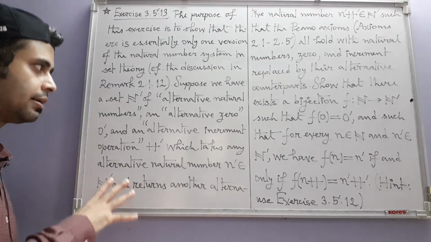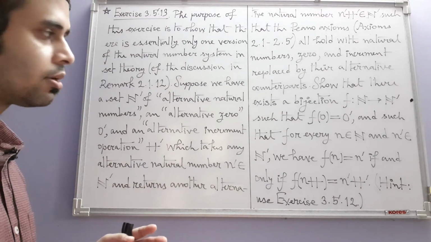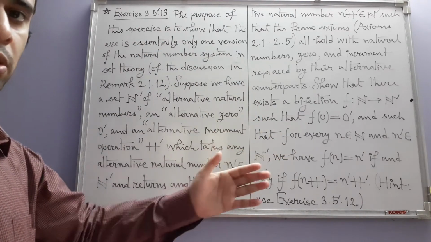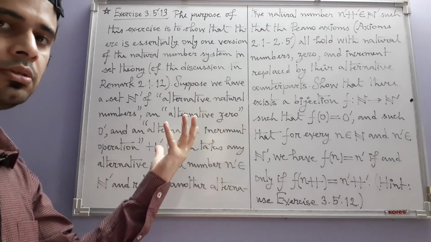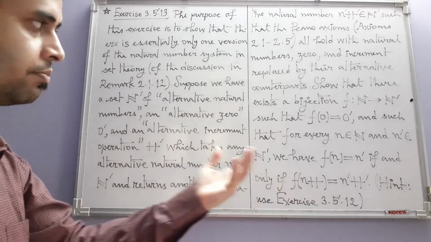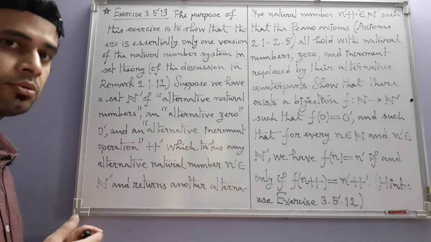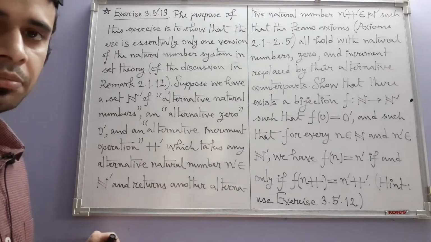So it's like the system of natural numbers is something that is not changed by the way you introduce it or construct it. You either use Peano's axioms or you use some other method. It does not matter. So in this exercise we have to show that. Also, it is language independent.